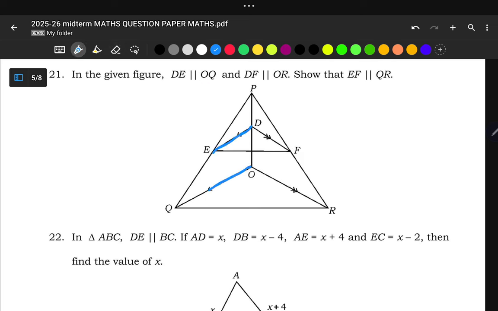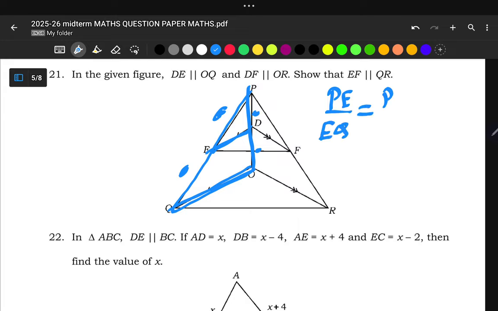DE is given parallel to OQ, so consider triangle POQ. If ED is parallel to OQ, then this side and this side are in ratio according to Thales theorem. That is, PE upon EQ is equal to PD upon DO.